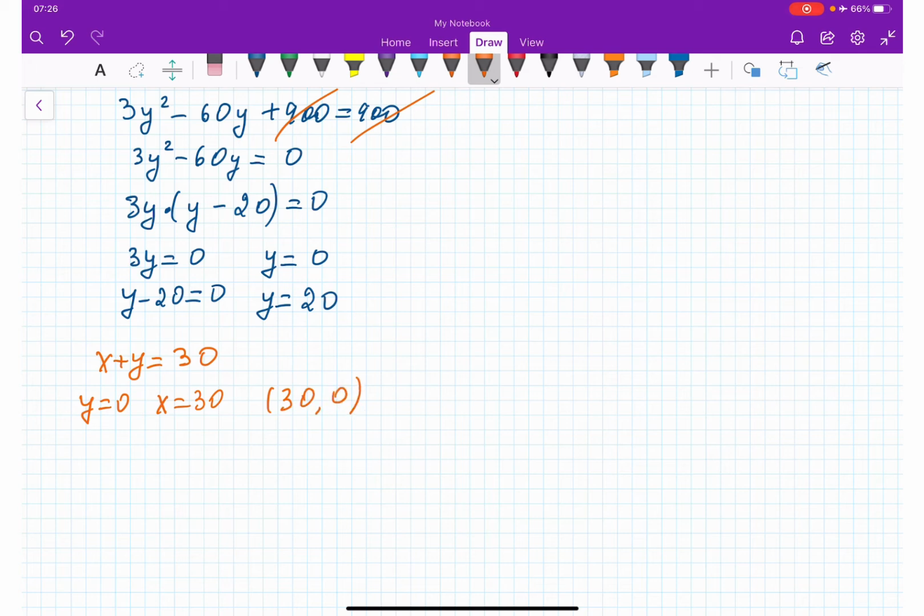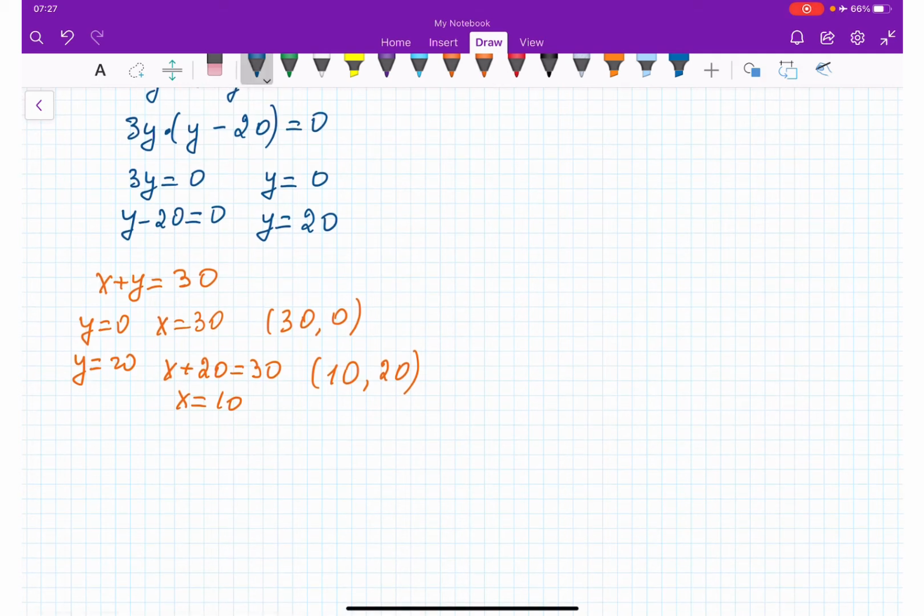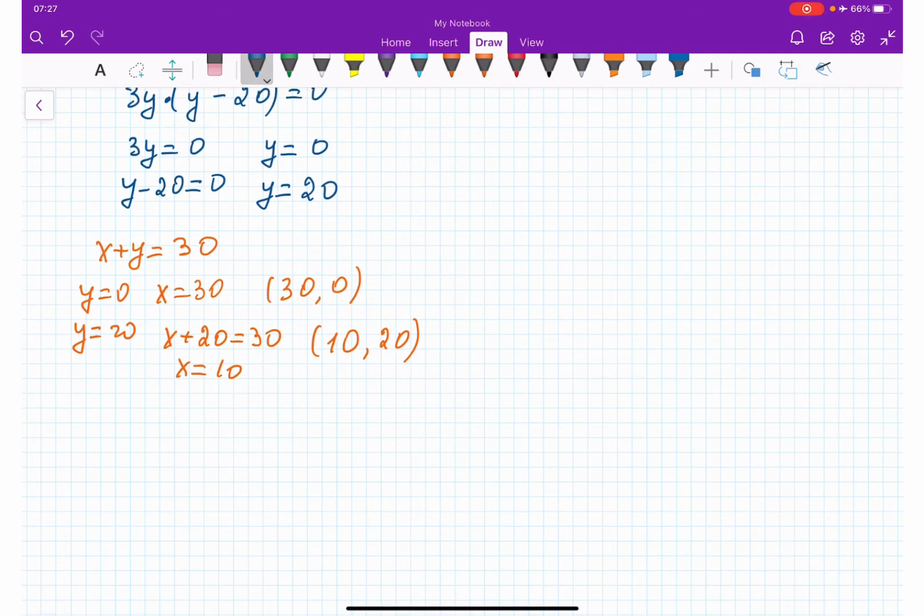Next, y equals 20, and we are getting x plus 20 equals 30, and x equals 10. So the solution is 10 and 20. So overall, our answer is going to be 10, 20, and 30, 0.